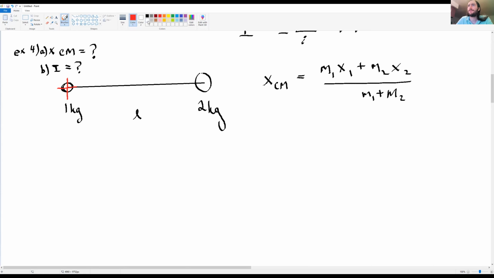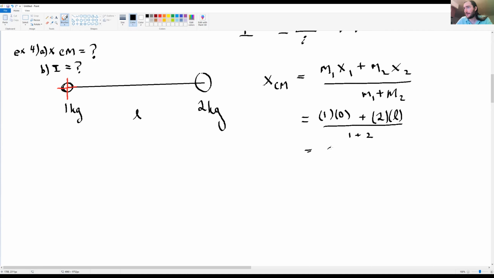So if I do that, what I end up with is m1, 1 kilogram, x1 is 0, plus m2 is 2 kilograms, x2 is L, and divided by the total mass, which is 1 plus 2, which is 3.